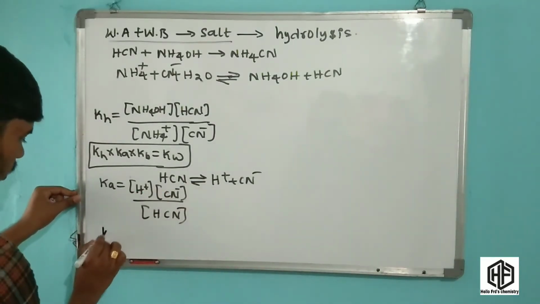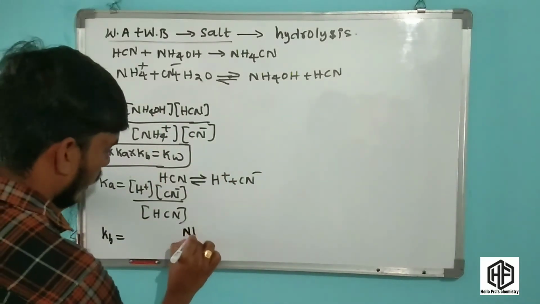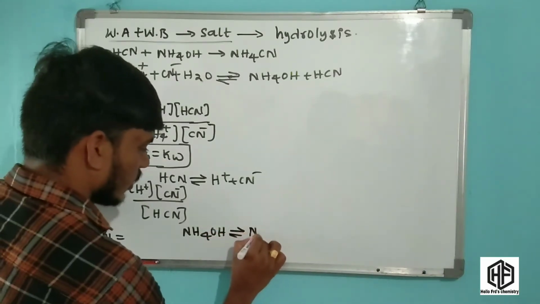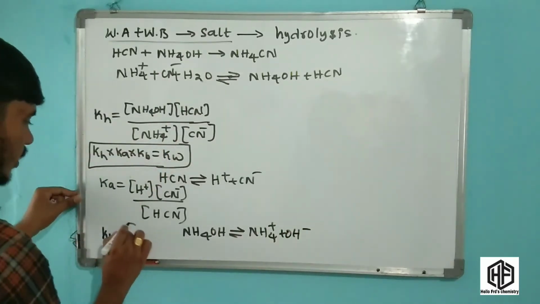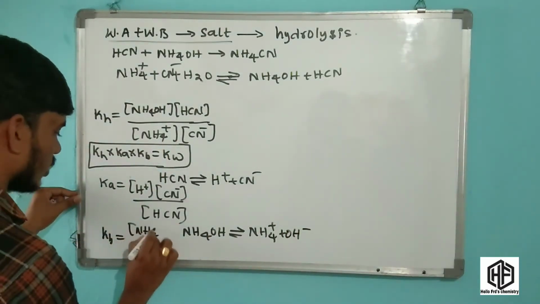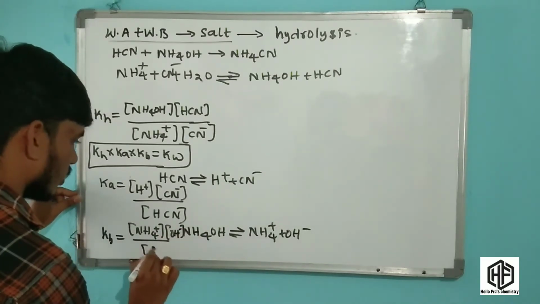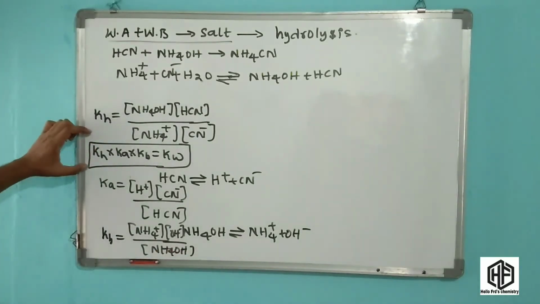And Kb is for NH4OH, a weak base, which dissociates into NH4+ and OH-. Kb is equal to concentration of NH4+ into concentration of OH- by concentration of NH4OH.